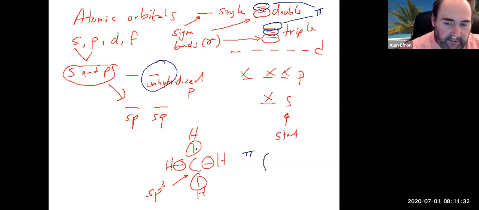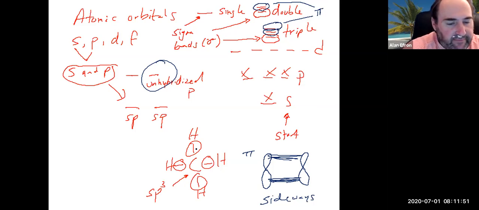These unhybridized p orbitals will look like regular p orbitals. Remember that the hybrid orbitals change shape, and they also have the same energy. But our unhybridized p orbitals overlap in what is sometimes referred to as sideways. So there's sideways overlap that happens with these p orbitals, and that's what creates that double bond. And then one more set of p orbitals could make a triple bond by doing the same sort of overlap.